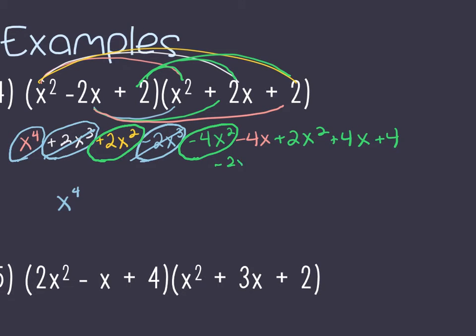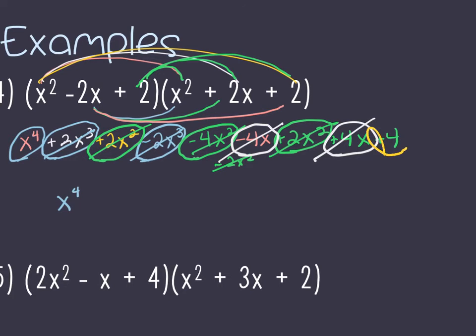That's negative 2x squared, plus another 2x squared. Those cancel out. Then I go negative 4x and positive 4x. Those cancel out. And all I'm left with is a positive 4. So that big whole thing, a lot of them cancel out, okay? Doesn't mean they're always going to cancel out, but just keep in mind that they can.